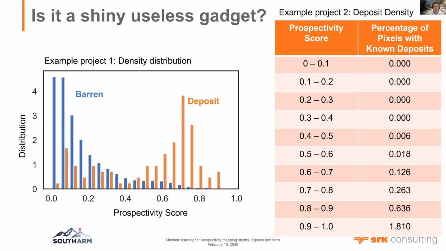If I remember well, it's even a quarter of a square kilometer per pixel. In each quarter of a square kilometer, you have a 1.8% chance of finding a deposit. So you can already remove a lot of your ground with low prospectivity and focus your exploration on high prospectivity ground. So it's definitely a useful tool.